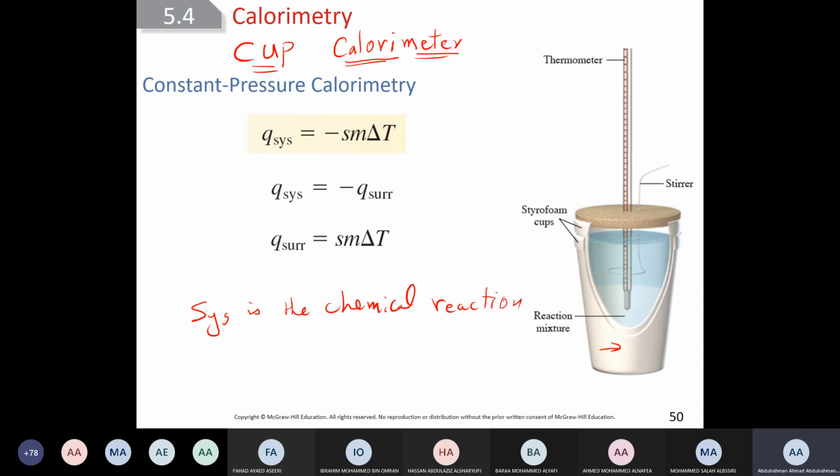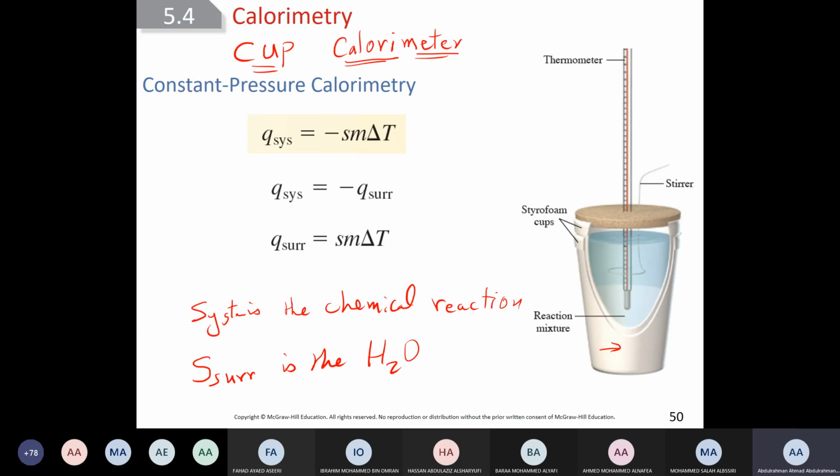So this is the system. In this case, the most important surrounding, everything is surrounding, but the most important surrounding is what? The water. All right.